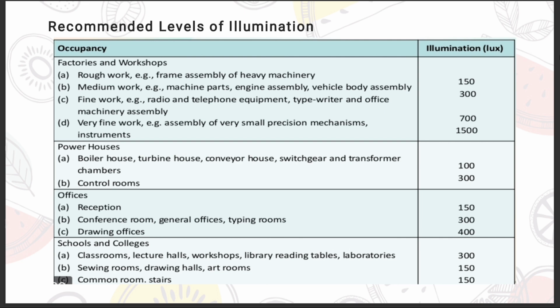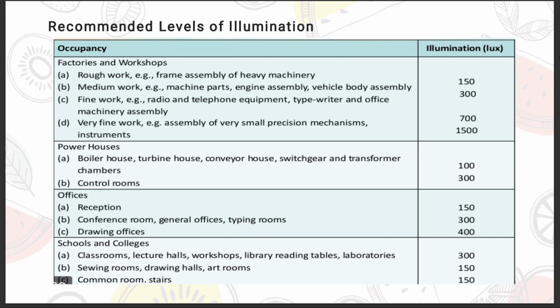Next is fine work. Example, radio and telephone equipment, typewriter and office machinery assembly, that is 700 lux. Very fine work. Example, assembly of very small precision mechanisms, instruments, that is 1500 lux.